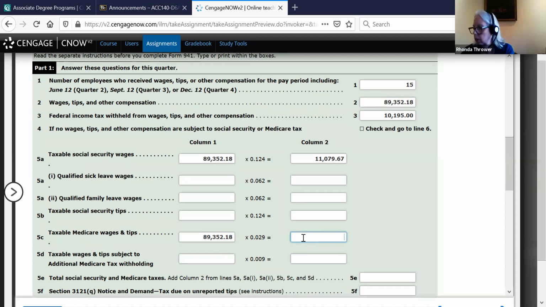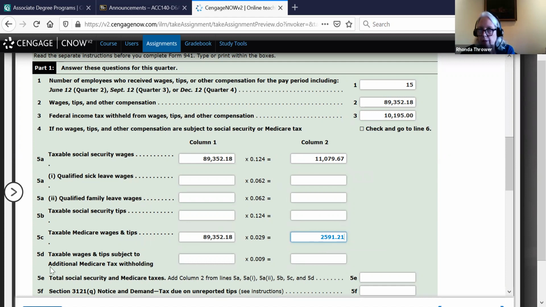So 89,352.18 times 0.029 is $2,591.21. You've got to round that one off to 21 cents. And so this was your Social Security tax. This is your Medicare tax.